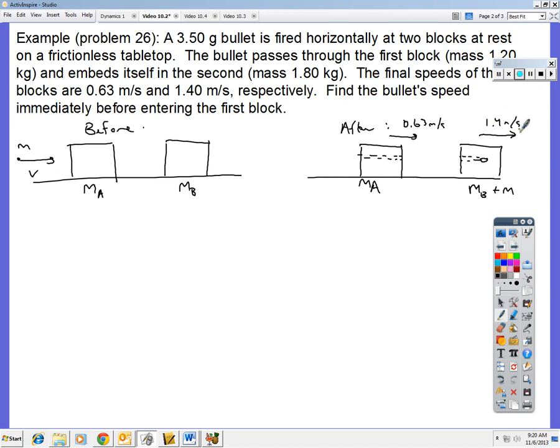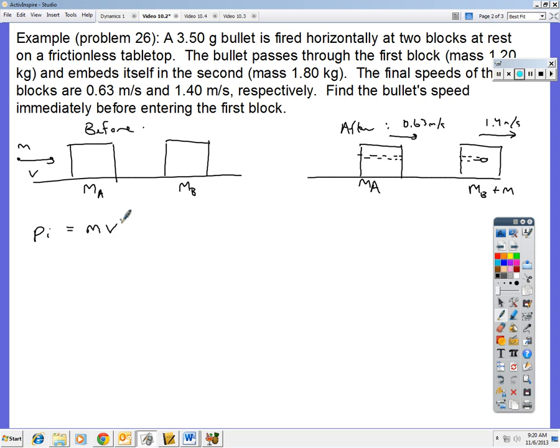Now, because it's a frictionless tabletop, the external force due to friction is 0, and so the only horizontal forces in this system are internal, so momentum will be conserved. And what we want to find is the initial speed of the bullet before it enters the first block. So the initial momentum is just the mass of the bullet times its velocity.